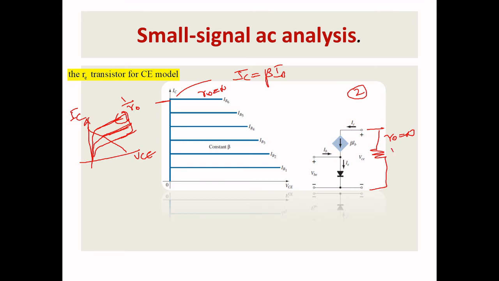In a real-time system, it will not be equal to infinity. So in the problem or derivation, you have to see whether it is asking you to consider it or not, and based on that, you can consider it.